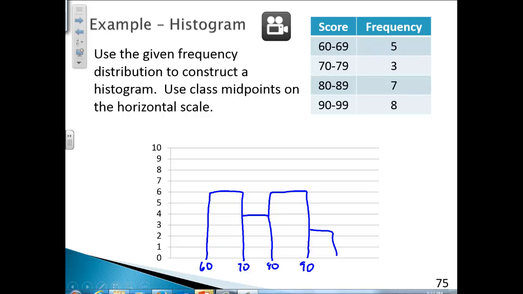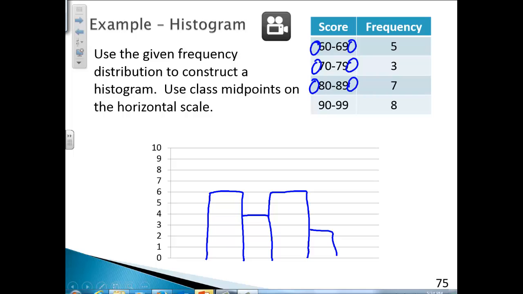And there is one more way that we could label this. We could label using the class boundaries. Class boundaries, remember, are those values that are at the beginning and the end of each class.